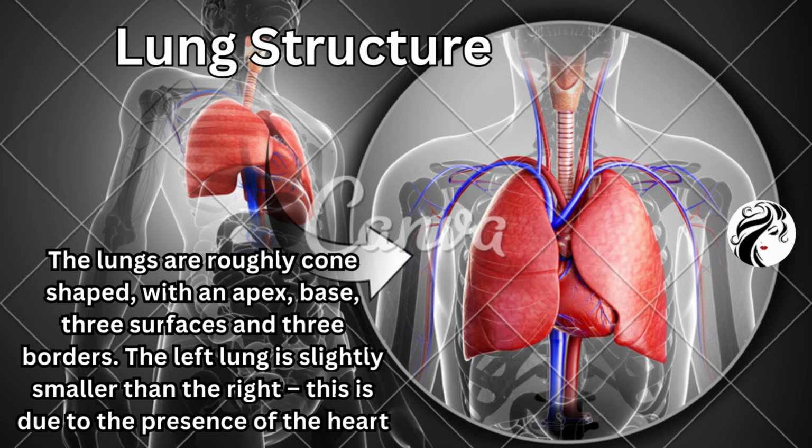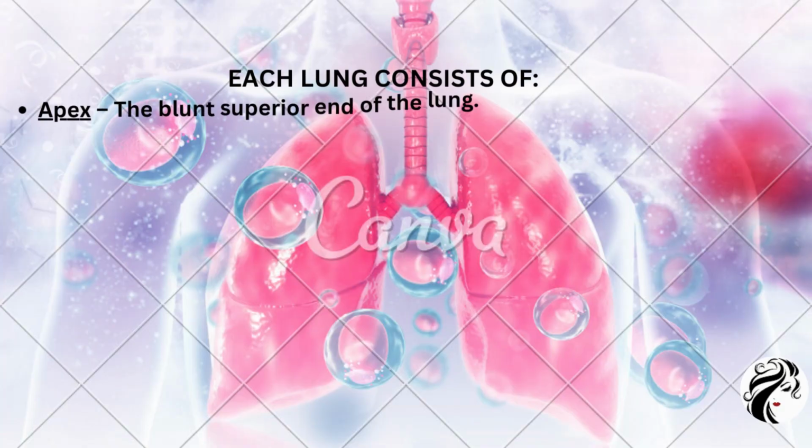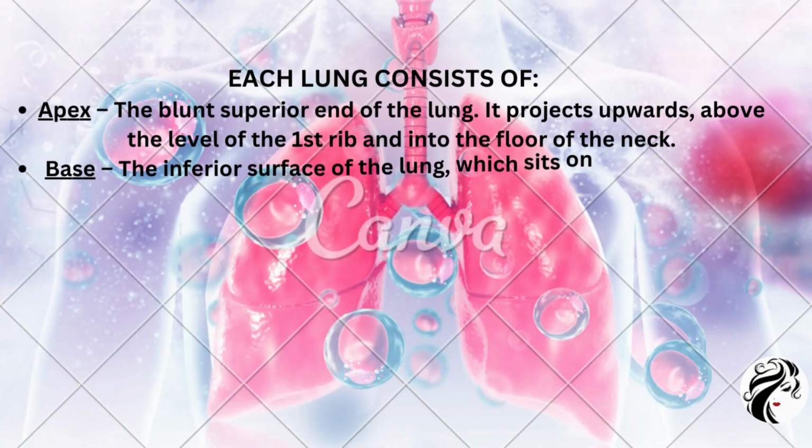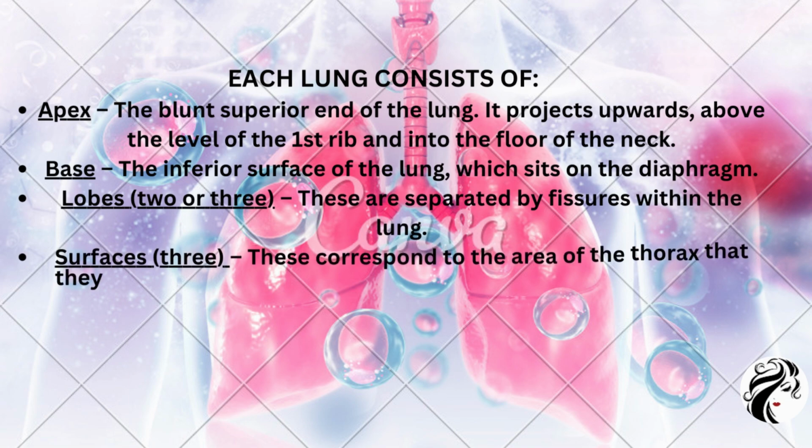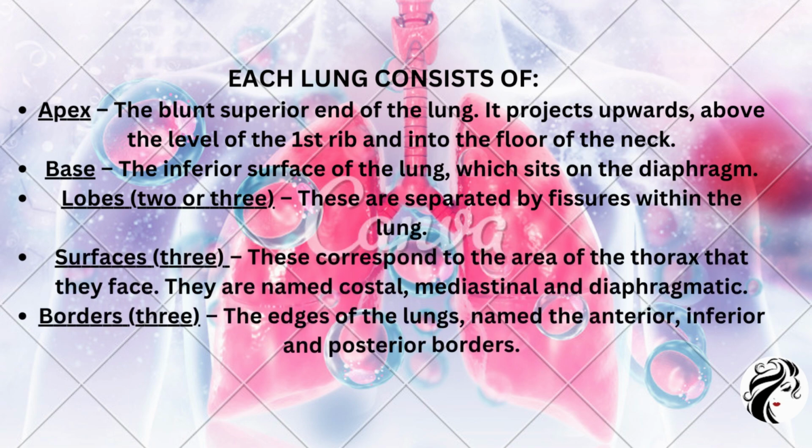Further, as we discussed previously, we have an apex, a blunt superior end of the lung. It projects upward above the level of the first rib into the root of the neck. The base, the inferior surface of the lung, rests on the diaphragm. Lobes: we have two or three lobes, separated by fissures within the lungs.